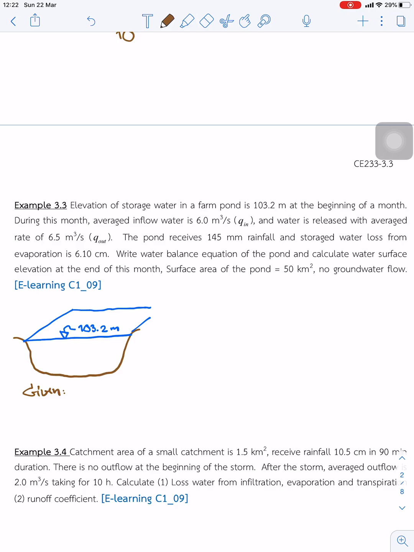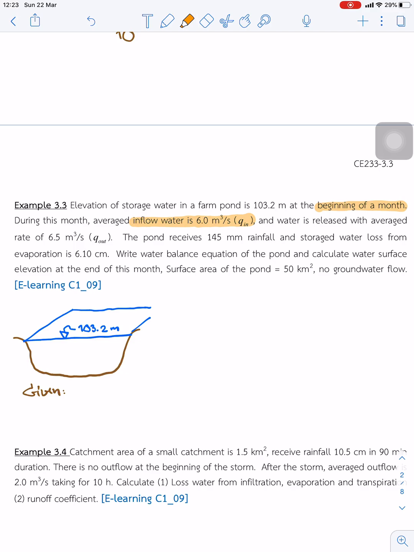In this case, they talk about the beginning of the month. Okay, that is the level in the pond, and the inflow water is 6 cubic meters per second.